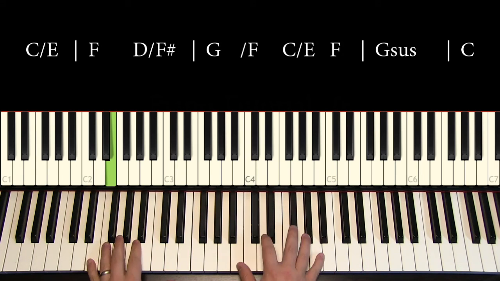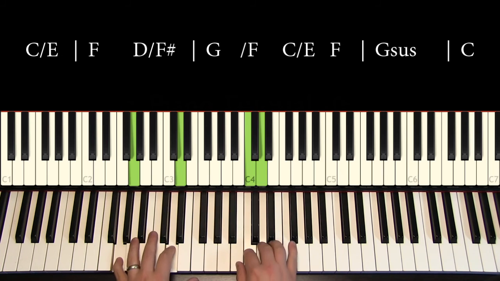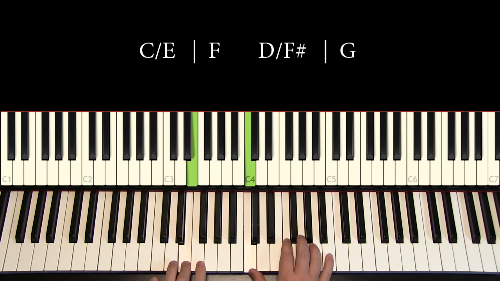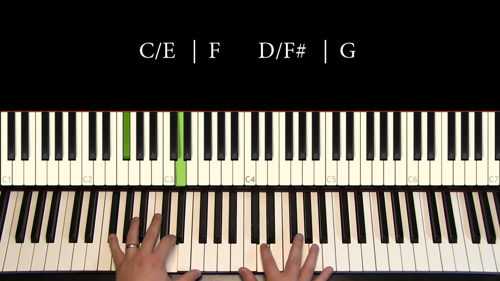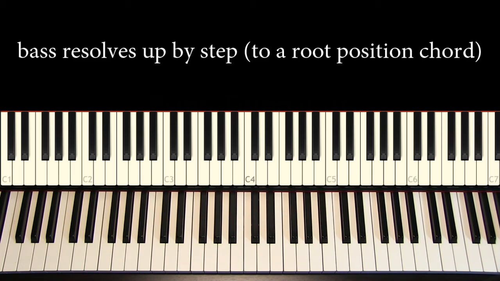C over E, resolving up to F. Again. And every time, at least in this section, every time this first inversion chord appears, the bass resolves up by a half step. Again, that's not always going to happen, but that's just a good general principle.